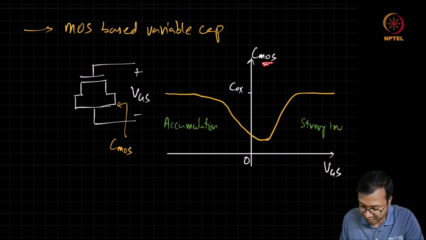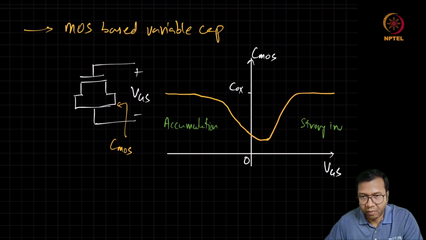This capacitance versus voltage characteristic is not monotonic. So if you start from the high VGS value, it is going to reduce with VGS. But again, it is increasing. And many times in our application, we will see that because of the large swing present at the output of the oscillator, the VGS can also become negative.